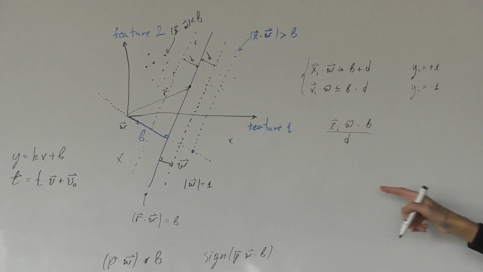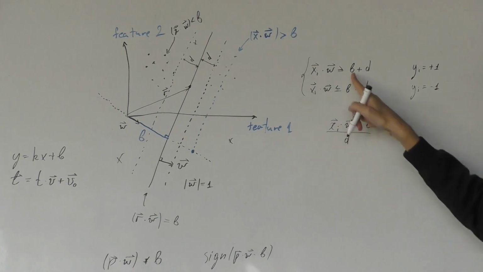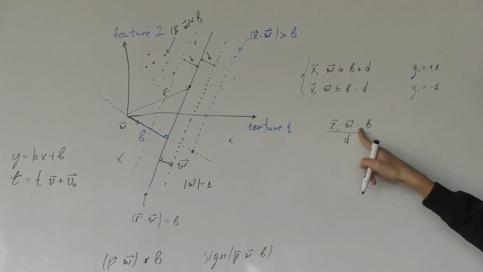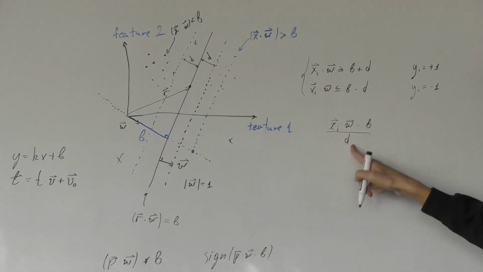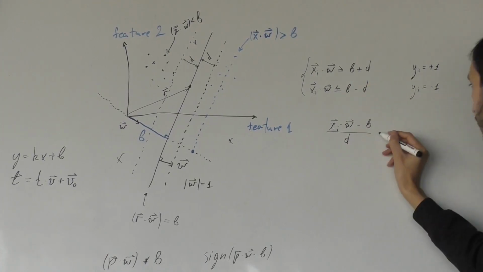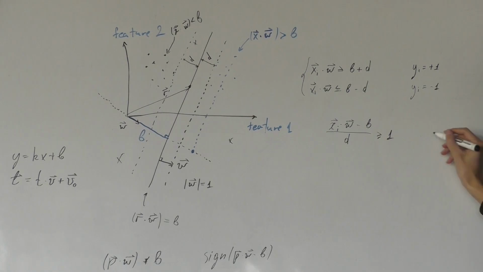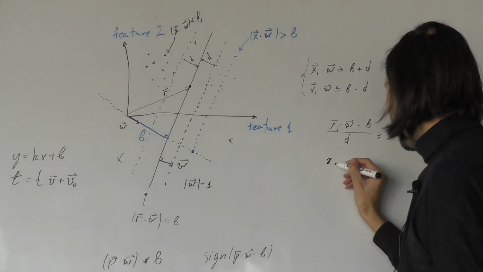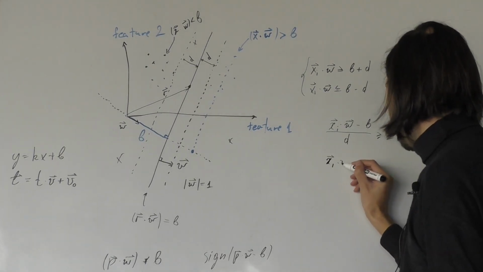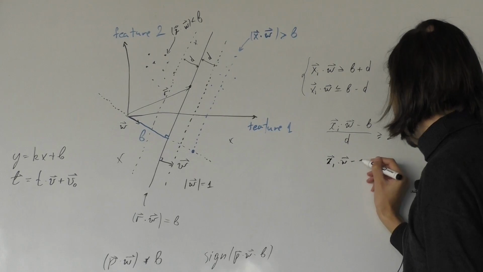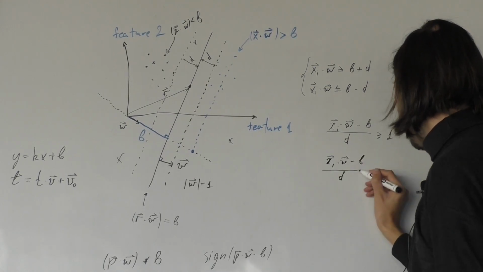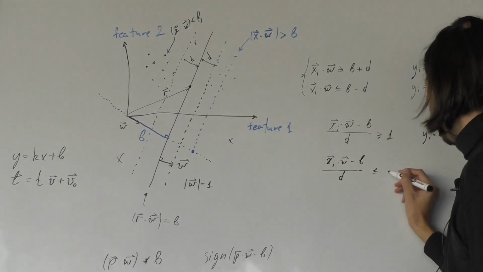Okay. Now I'm doing the following. I am taking this b to the other side. Here it is. I am dividing by d, and I'm getting this sort of equation. That's for the points from class y equals +1. I have a very similar thing for the class y equals -1.